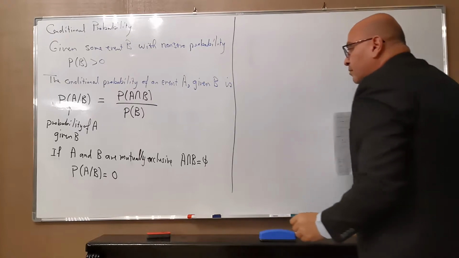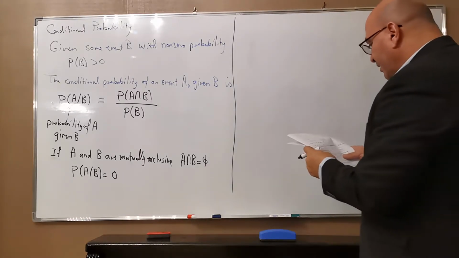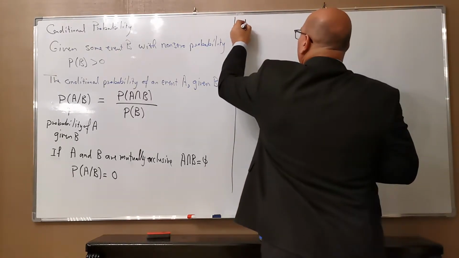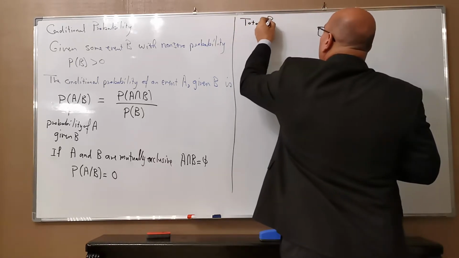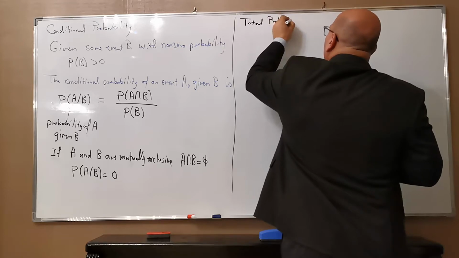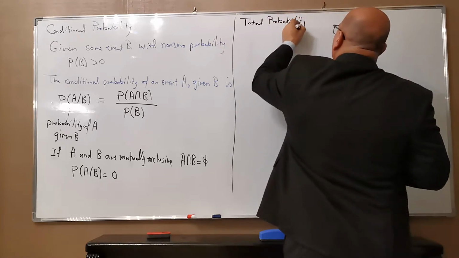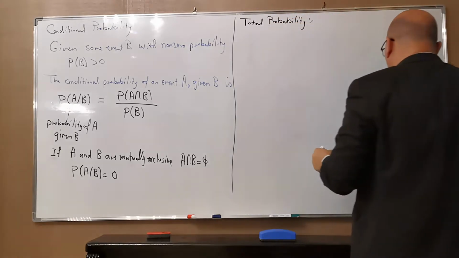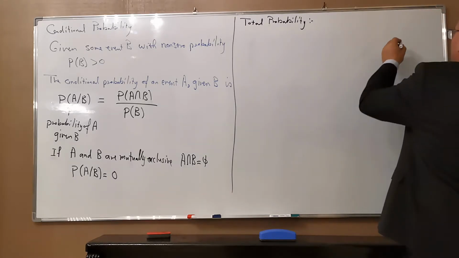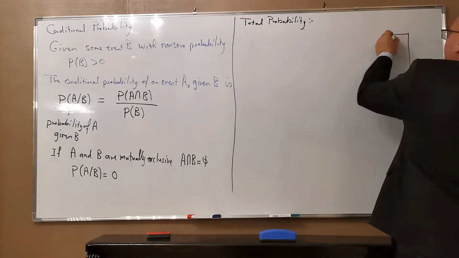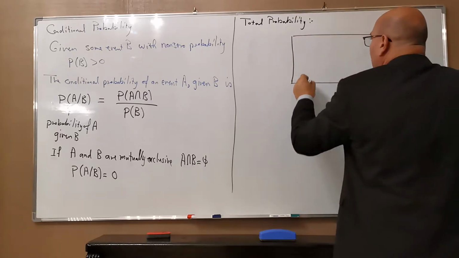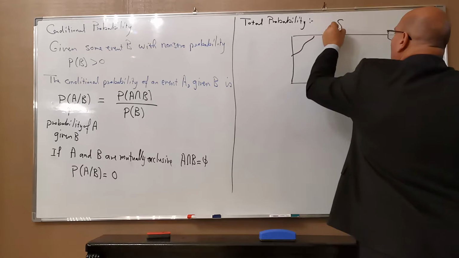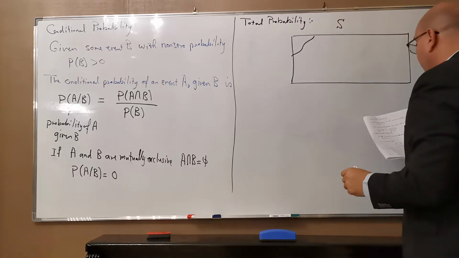Okay. Based on the conditional probability, let's define something called the total probability. Let's do this on the Venn diagram first and see what will happen. Let's assume that this is your S, this is your sample space.